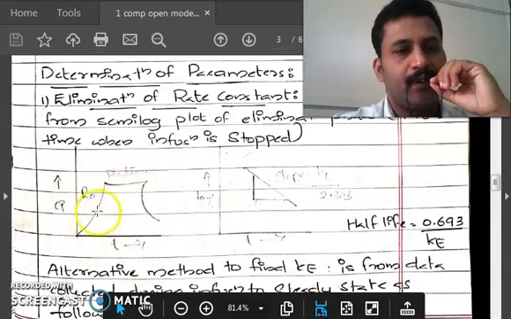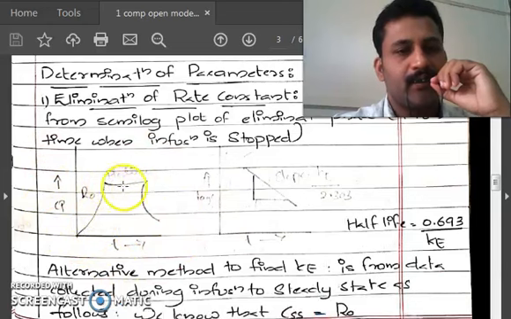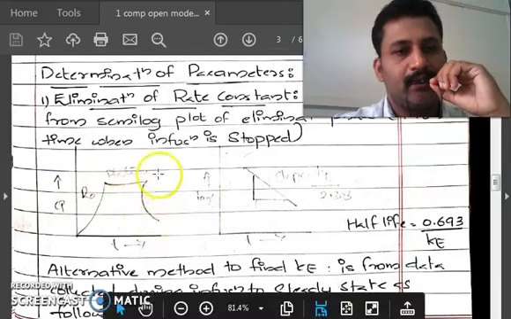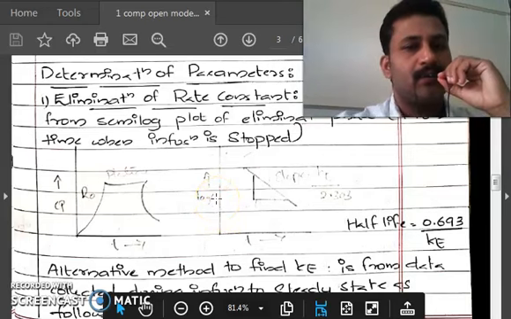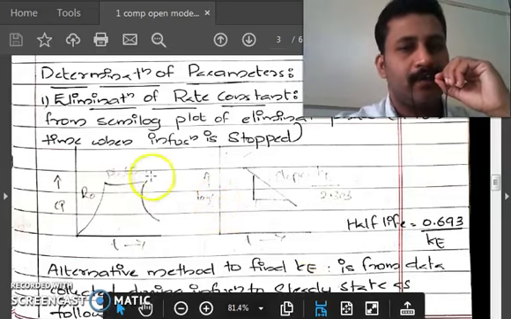You will get the normal graph: the concentration increases and reaches steady state, and when infusion is stopped you get only the elimination phase. You can take this elimination part and plot it on another graph, log C versus T of the elimination part. You will get a straight line.